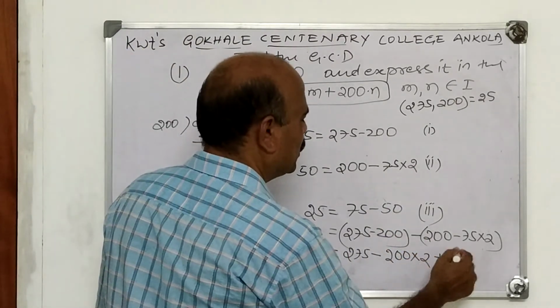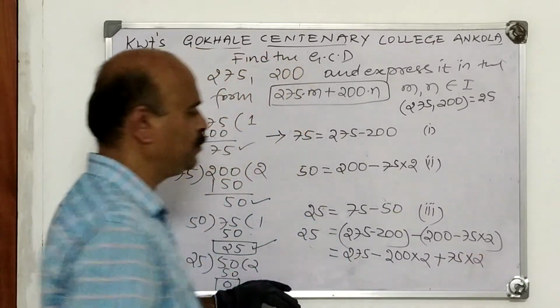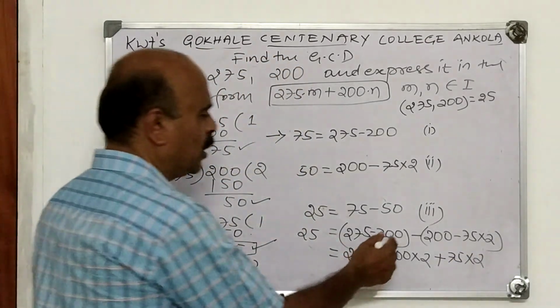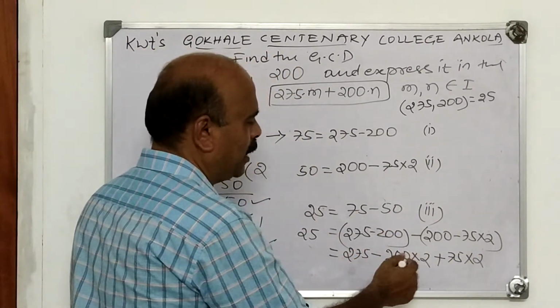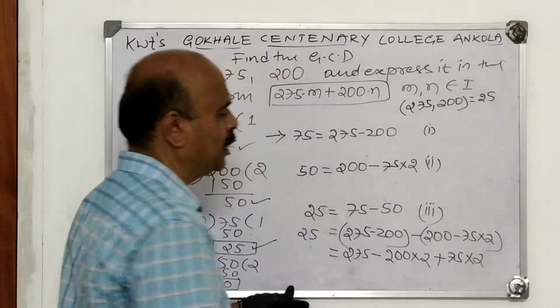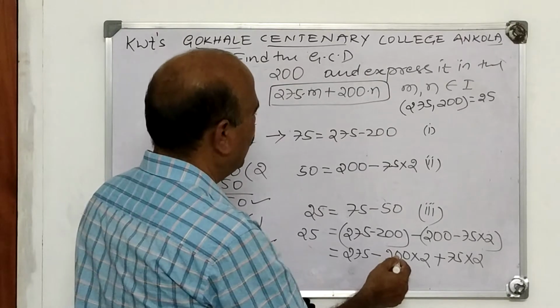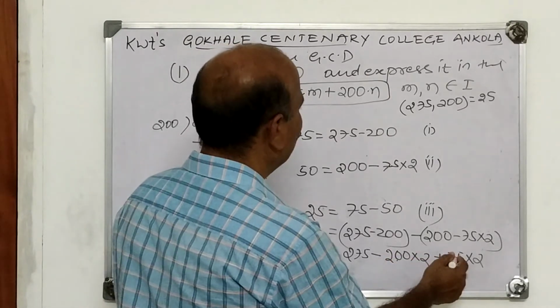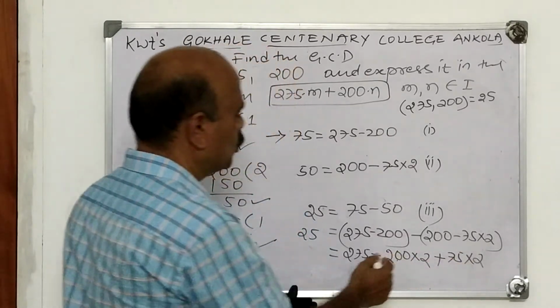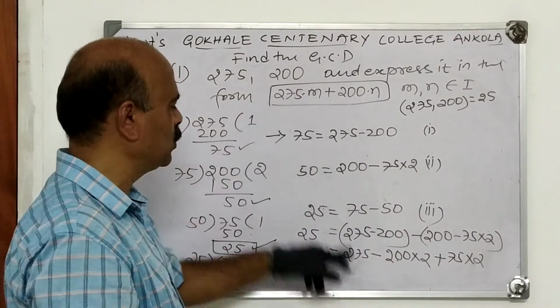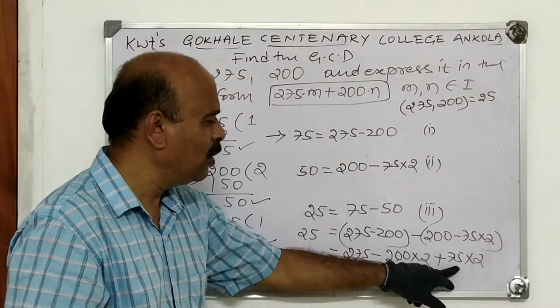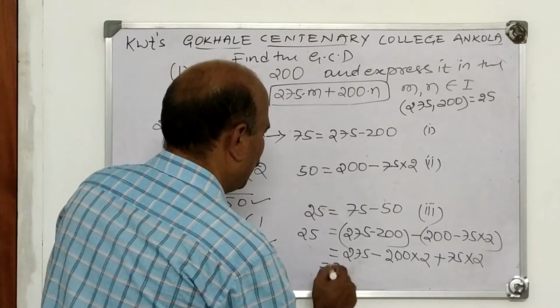It becomes plus 75 into 2. Here you should not write 200 into 4, or write 150 here. You have to keep this 200 as it is and 75, because 200 is required here, given number, 275 is given number. Only you have to replace now 75.